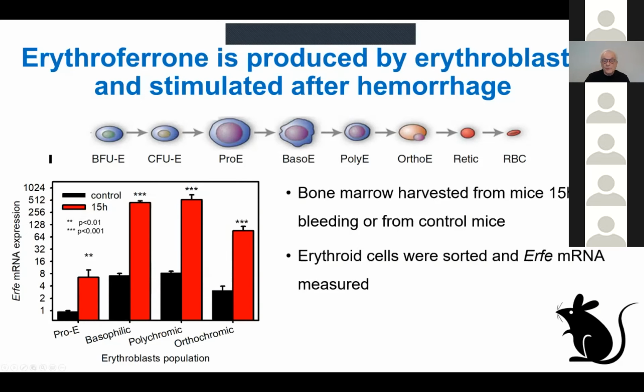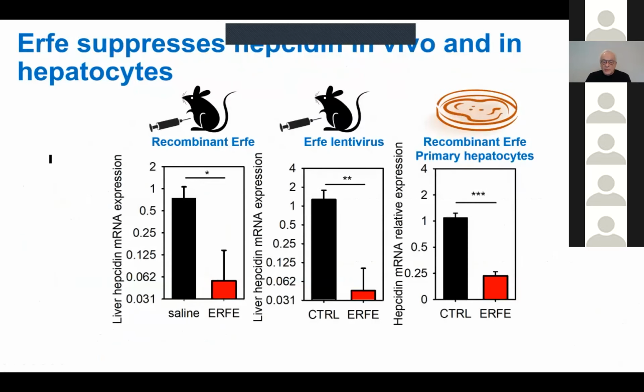So we then recombinantly produced this protein, or expressed it in a lentivirus, and gave it to mice, and showed that in fact the protein was able to suppress the hepcidin mRNA within a few hours. And either the protein or the administration of the erythroferrone lentivirus would suppress hepcidin.